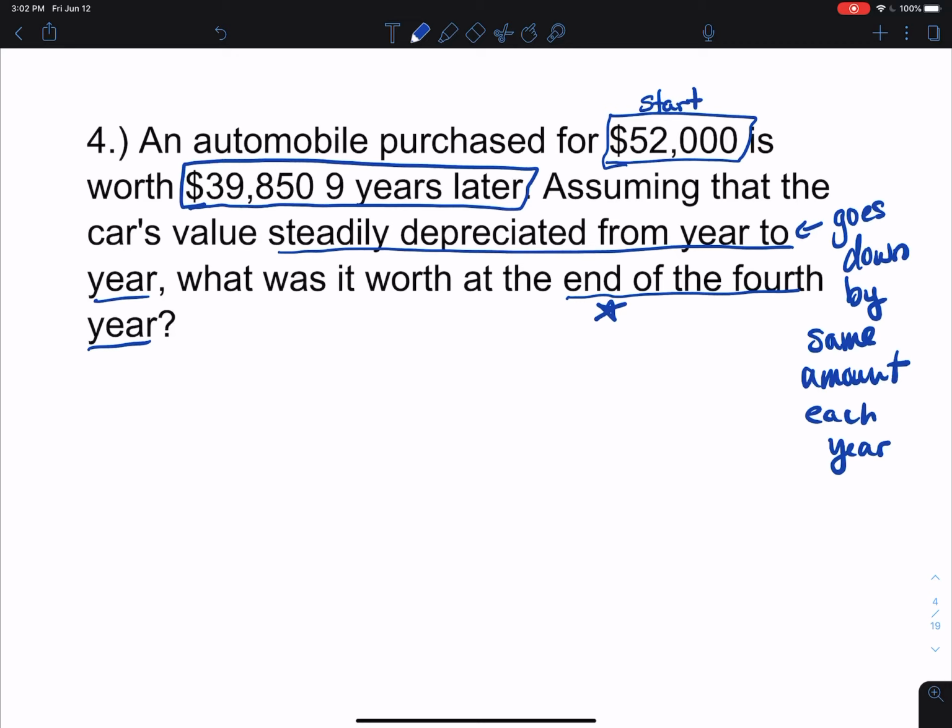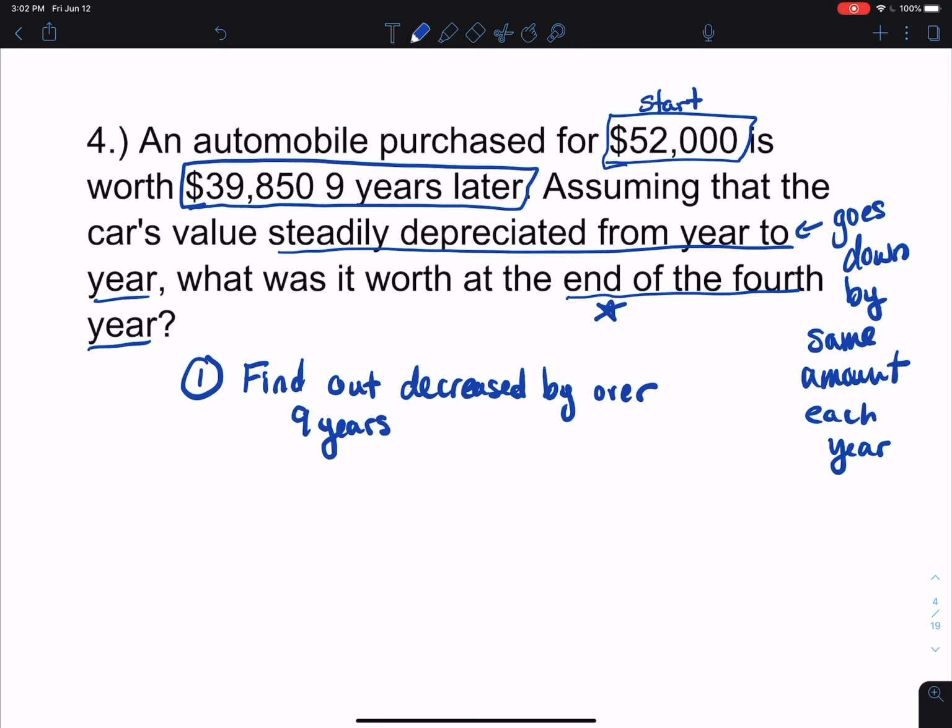The first thing I'm going to do is find out how much it went down by, so how much it decreased by over the 9 years, because that's the time period they gave me in the problem. So I'm going to take that $52,000 and I'm going to subtract out that $39,850.